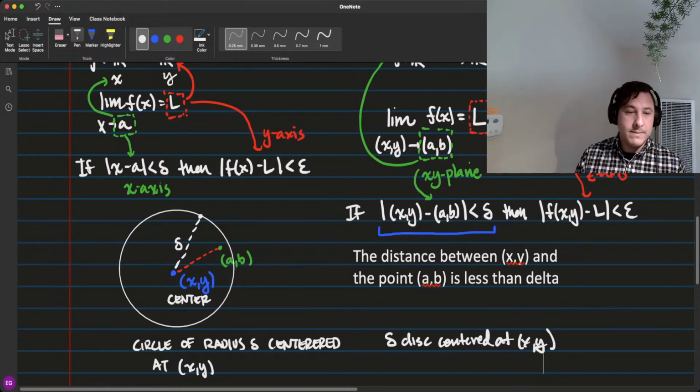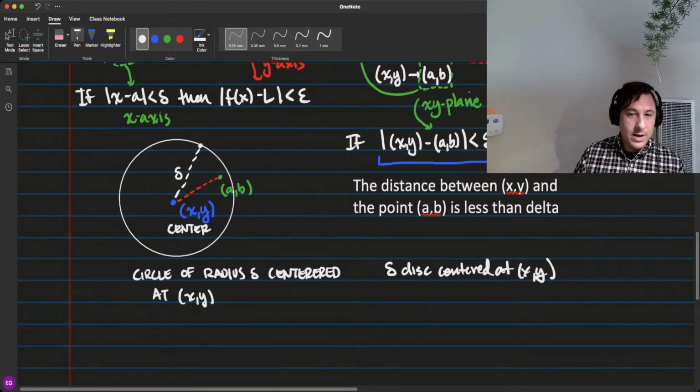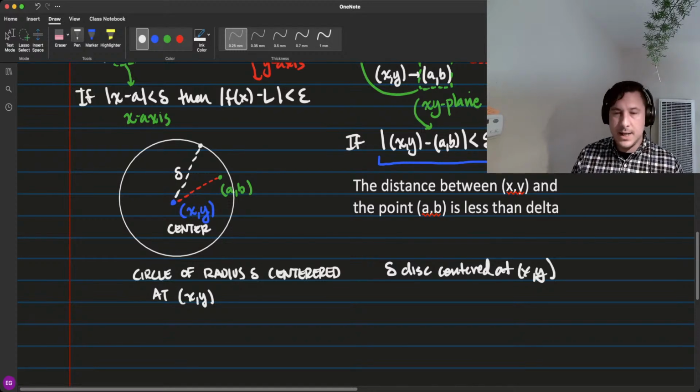And why am I talking about this? Well, because the delta disk centered at x comma y is a collection of points.